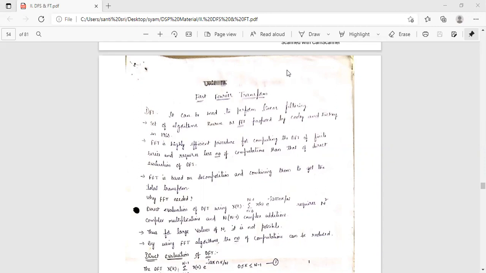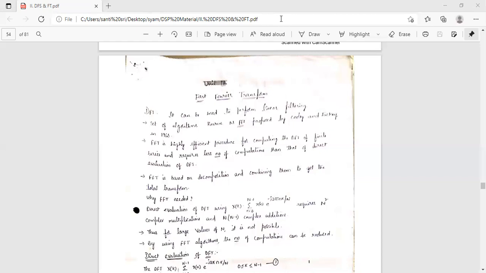So FFT is a highly efficient procedure for computing the DFT of a finite series and requires less number of computations than that of direct evaluation of DFT. So it is efficient. It requires less number of computations, right?